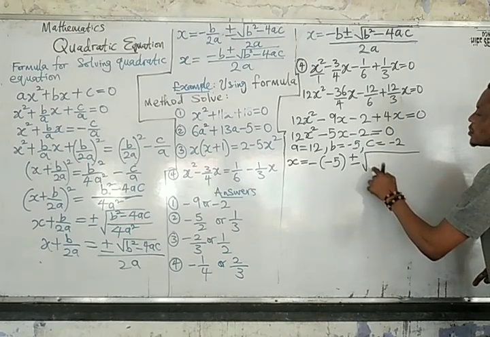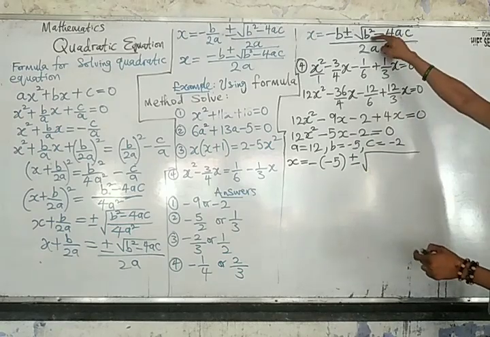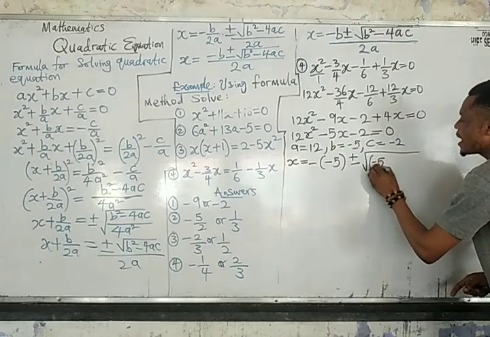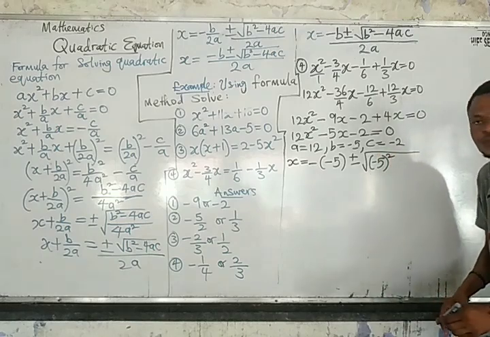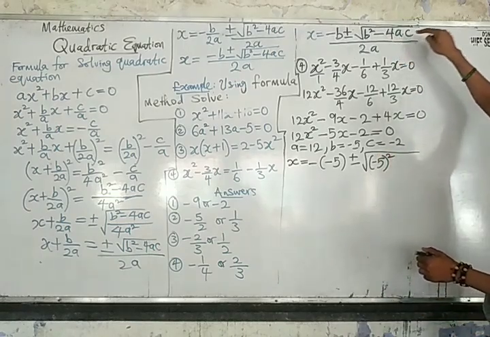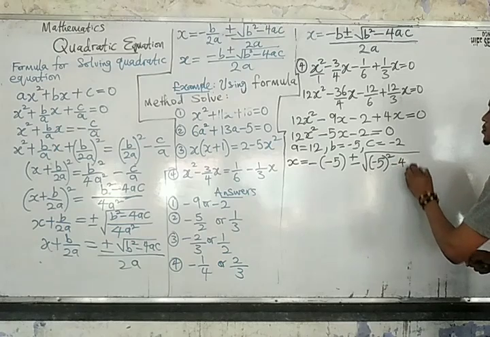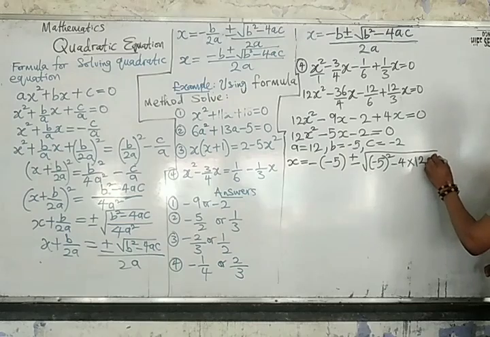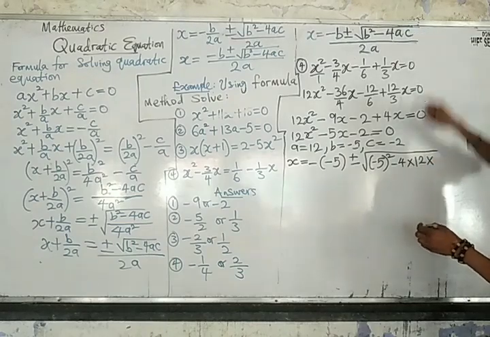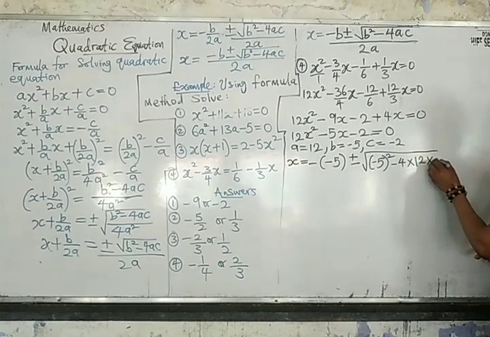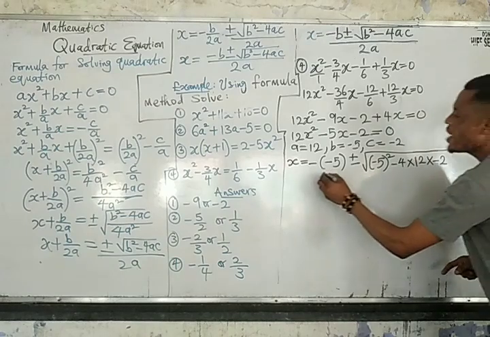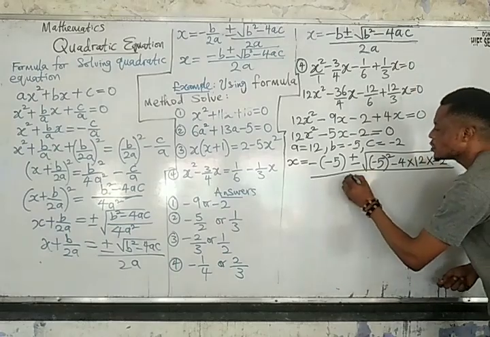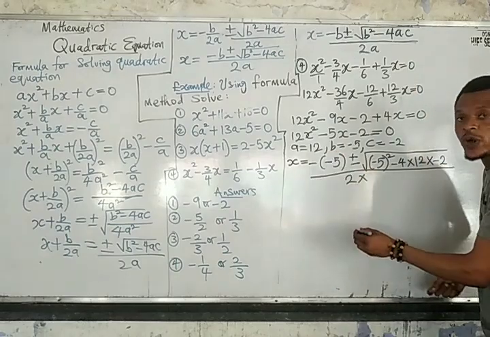What is our b? Minus 5. We have minus 5 raised to the power of 2. Then minus 4 times a times c. Our a is 12, and our c is minus 2. Everything divided by 2 multiplied by 12.